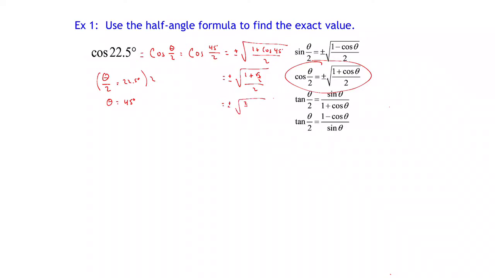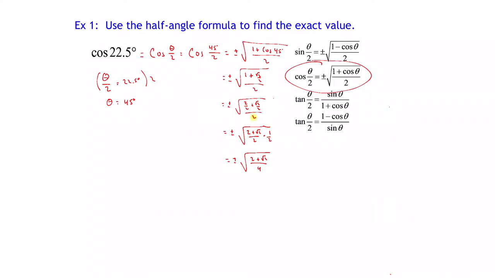So that would be 2 over 2 plus square root of 2 over 2. So you get 2 plus the square root of 2 over 2, and then that's divided by 2. So we're going to multiply by the reciprocal, 1/2. And then we will get 2 plus the square root of 2 underneath the radical all over 4.